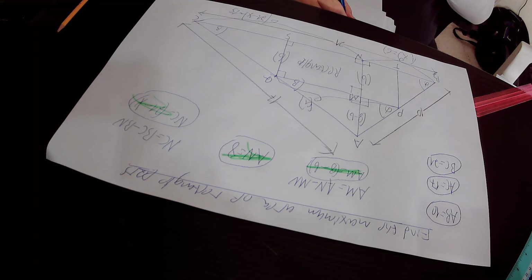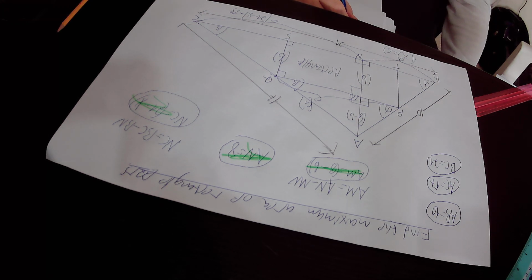We know that if you have two similar triangles, then the ratio between their corresponding heights must be equal to the ratio between their corresponding sides.